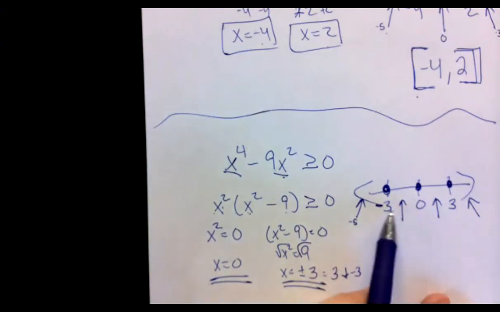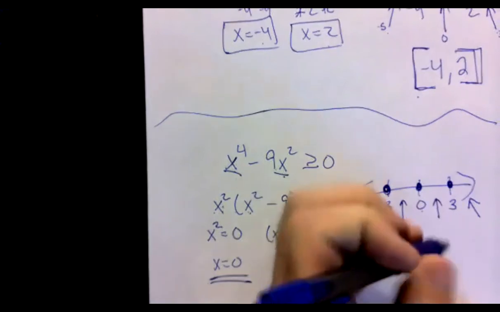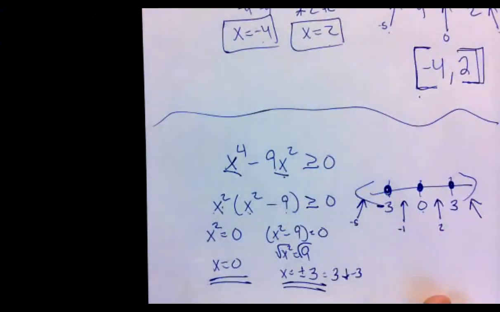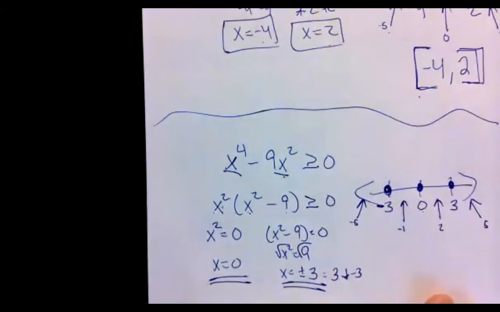You're going to pick something between 0 and -3 to plug it in for this region, like -1 or -2. You're going to plug in something between 0 and 3, like 1 or 2. Check that region, then you'll plug in something bigger than 3 to test that region.